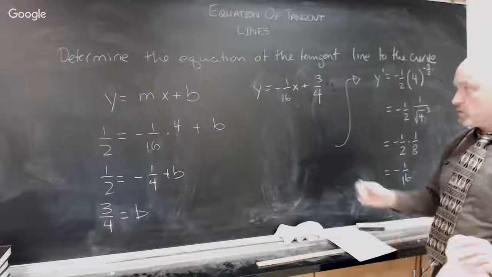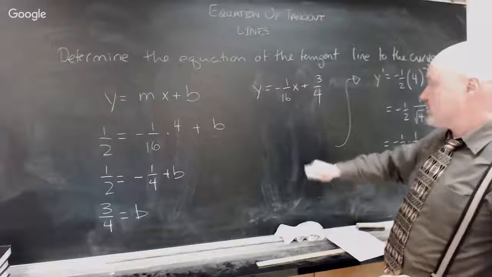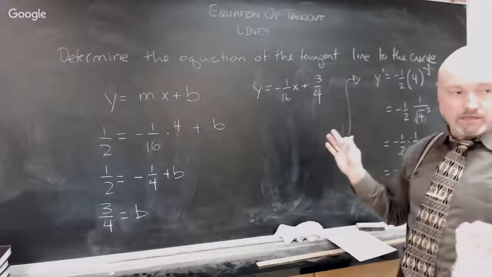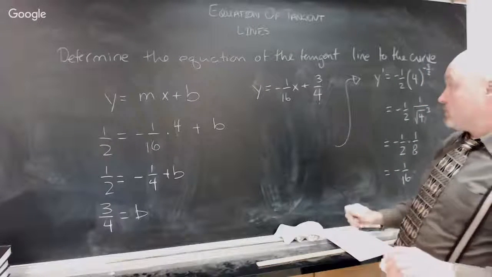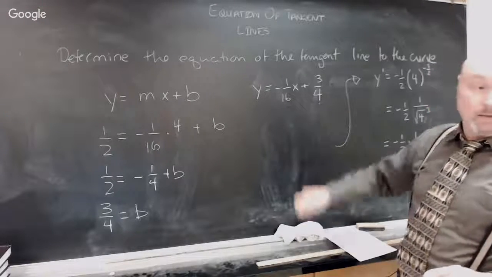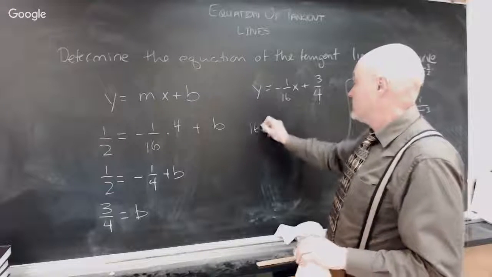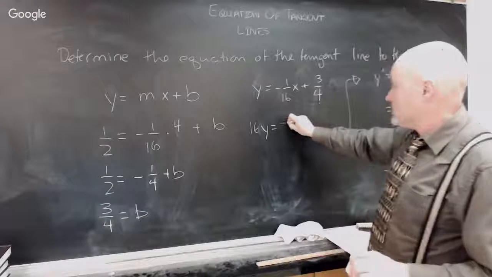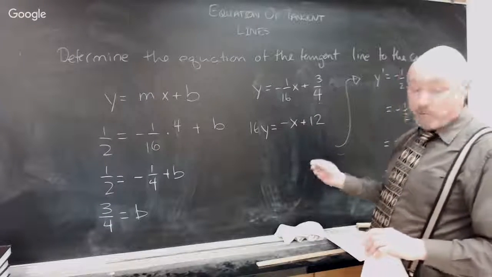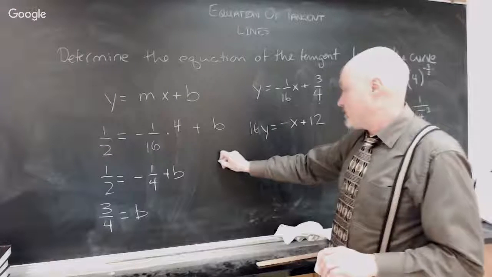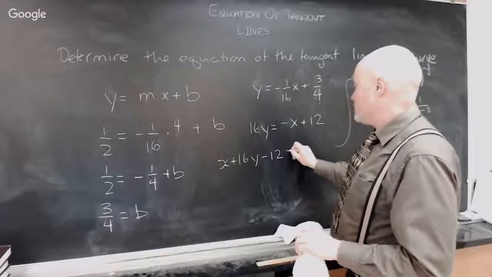It also says put it in standard form. To turn this into standard form, I need to get rid of all these fractions on the bottom. To do that, I'm going to multiply through by 16. So 16y equals -x plus 12. And now I'm going to move everything over to the other side. x plus 16y minus 12 equals 0.